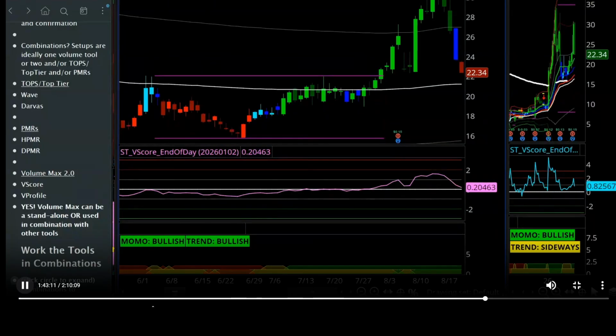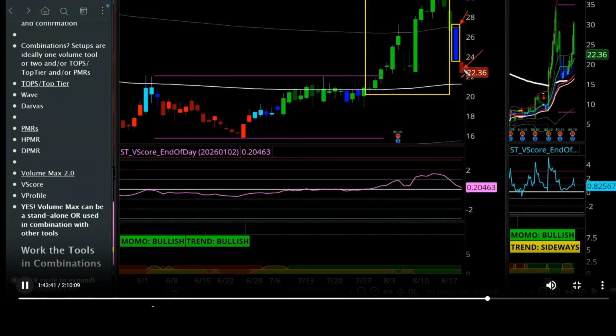FSLY. Okay. FSLY, this was one I was actually looking at yesterday, but because we have an event, OpX, and I had a neutral candle. A neutral candle is a warning. What's it warning? It's simply warning, not bullish or bearish. It's warning that what was once bullish is getting neutral.